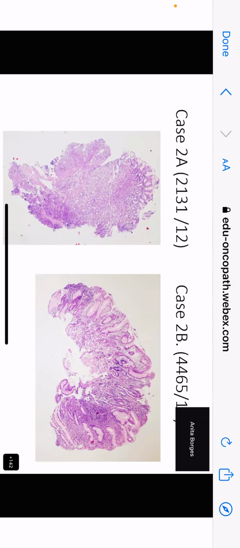Yes, ma'am. This is normal gastric mucosa. Do you see the underlying muscularis mucosae here? No, ma'am. Anybody sees the muscularis mucosae? Yes, ma'am, I can see. Can you annotate, please? Yes, ma'am.